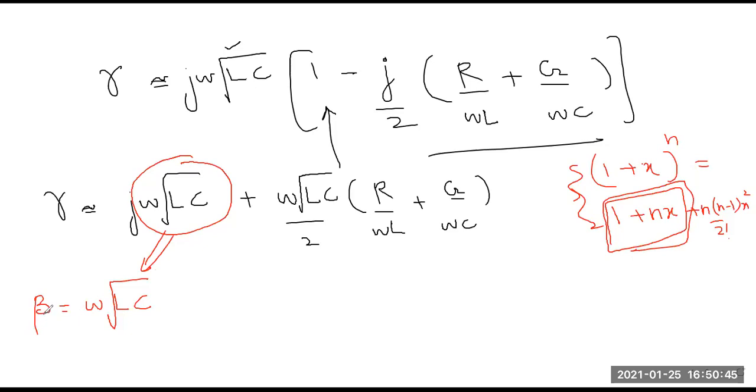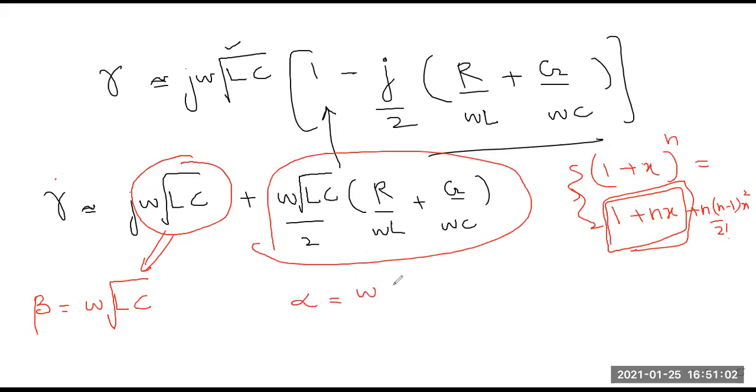So the phase constant, or the imaginary part of the propagation constant, of a low loss line is the same as that of a lossless line. And this term is clearly a real term, so this must be alpha. So alpha is equal to omega under root LC divided by 2, times R by omega L plus G by omega C.